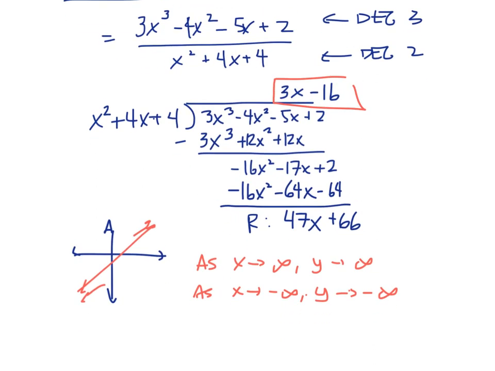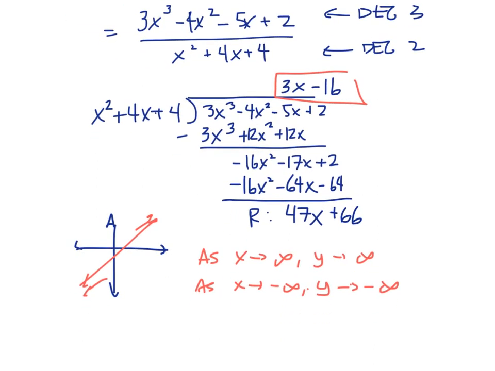And we also know that we have a slant or oblique asymptote with the equation y equals 3x minus 16. There we go. So with a little bit of division, we can find out what the end behavior of that function is going to be.